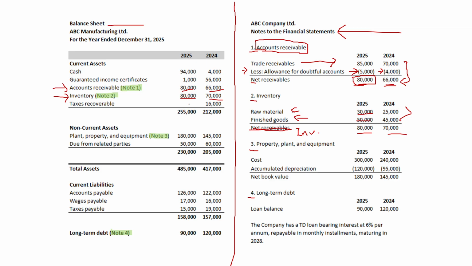And then one of the most common things that you'll find in the notes to the financial statements is more information about the plant, property, and equipment. Specifically, it'll tell you what the accumulated depreciation is, or accumulated amortization.